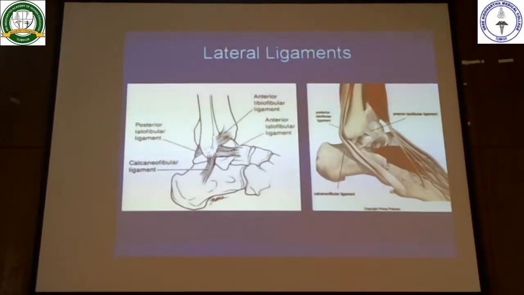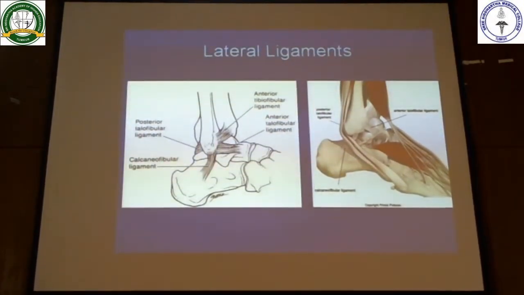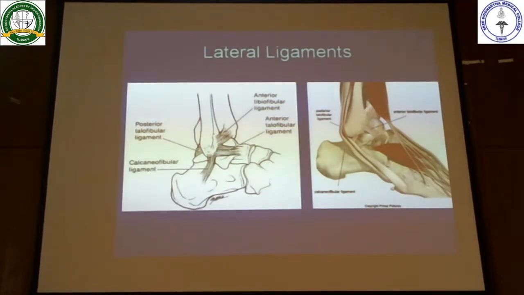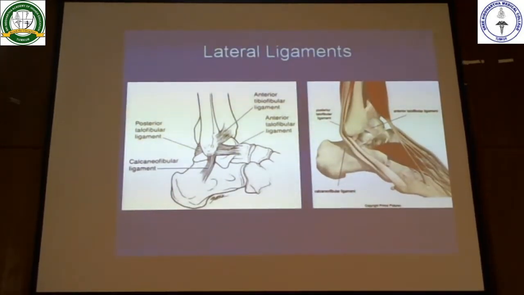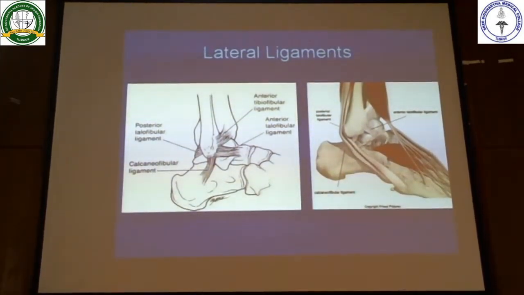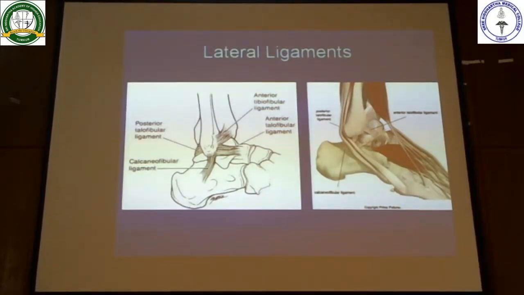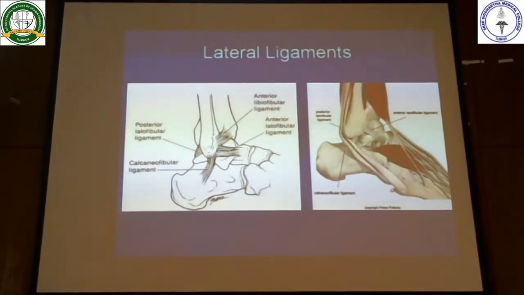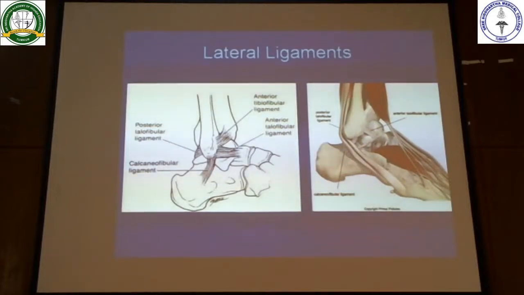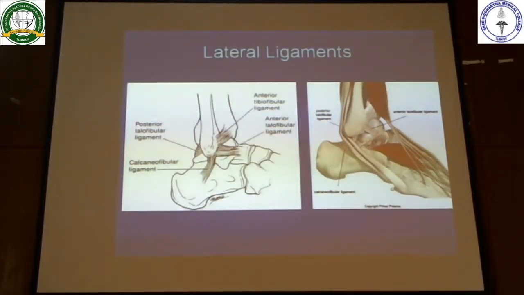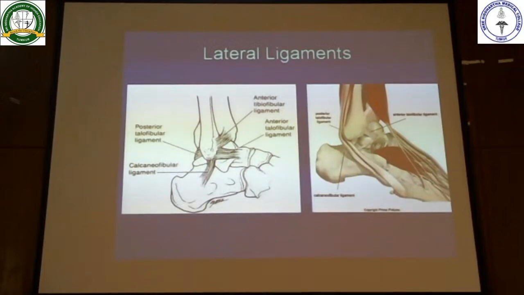Some important things are there. One, the ankle joint is an example of what is known as a syndesmosis, S-Y-N-D-E-S-M-O-S-I-S. That is known as a syndesmotic joint. A syndesmotic joint is nothing but a fibrous type of joint which is held together by ligaments. So the ankle joint is an example of a syndesmotic joint.